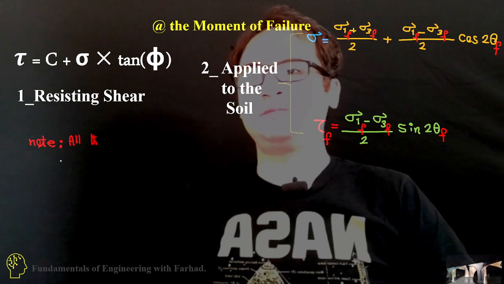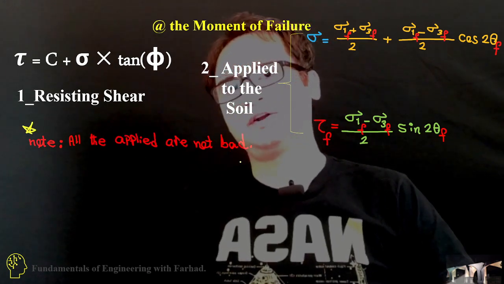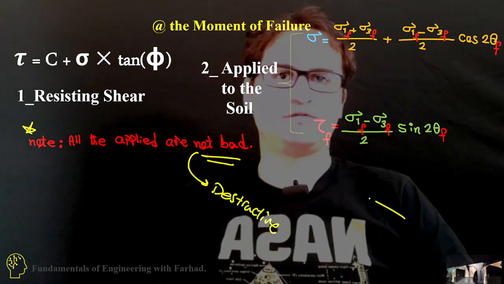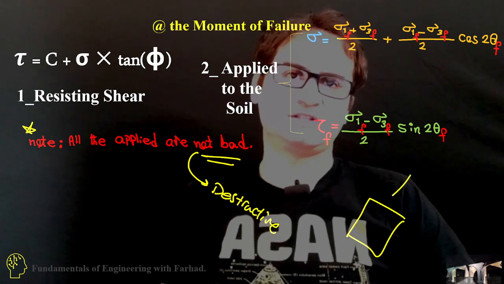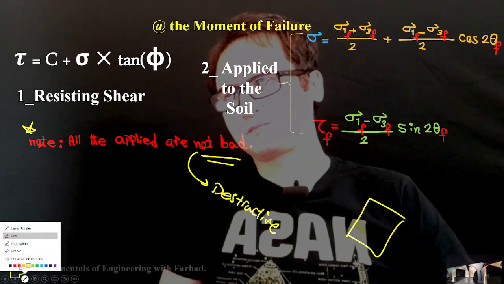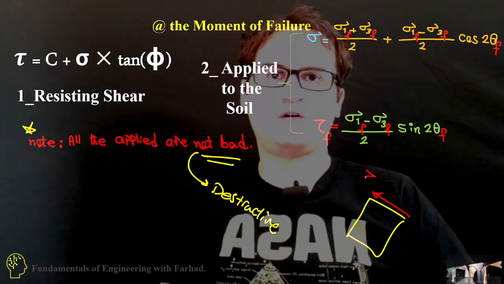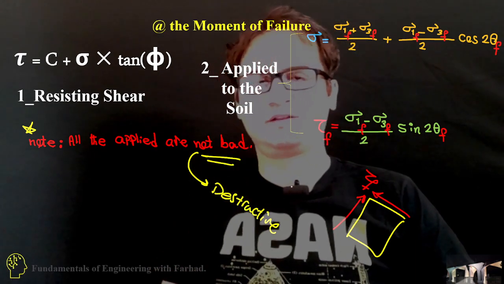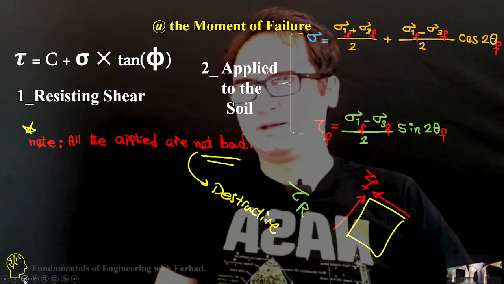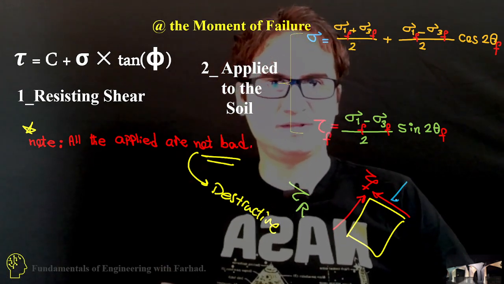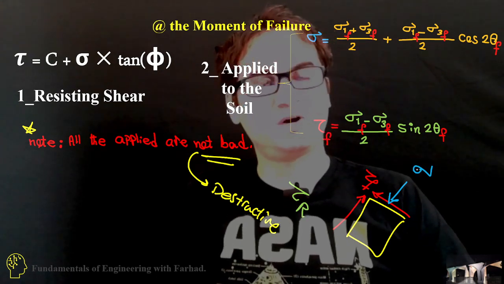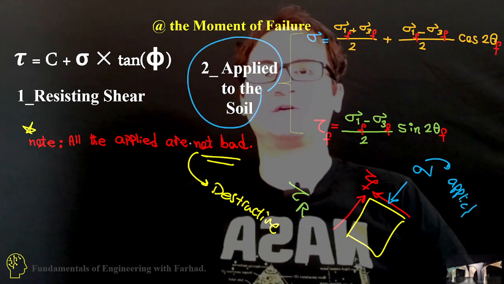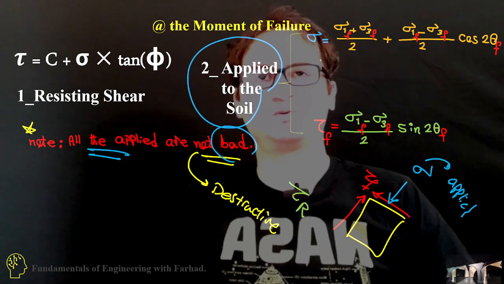If you remember, we already said not all the applied forces are bad, and by bad I mean destructive. Take a soil sample: this is the sigma applied, this is the shear tau failure, and there is a tau resistant of the soil. We talked in a previous video that this sigma is also of the nature of applied forces, but not all applied forces are bad.